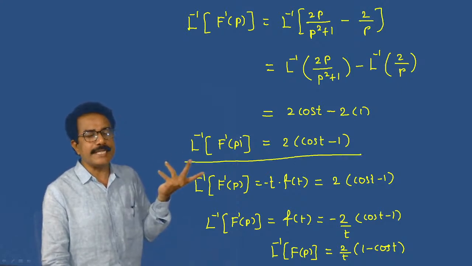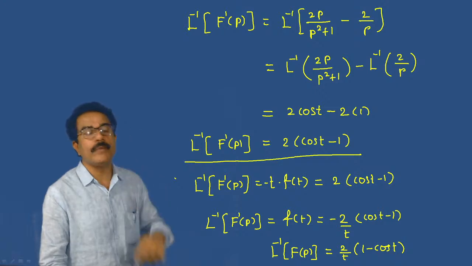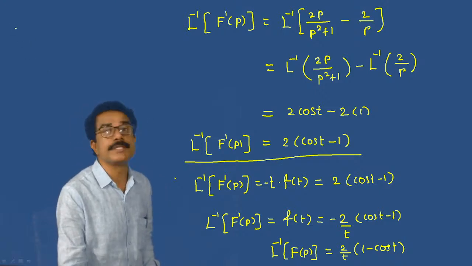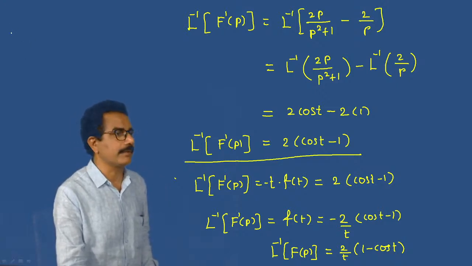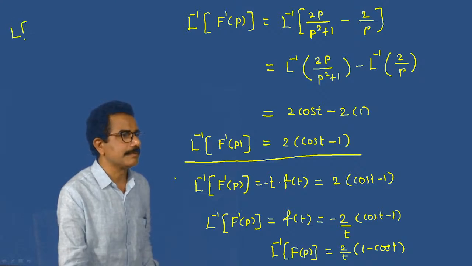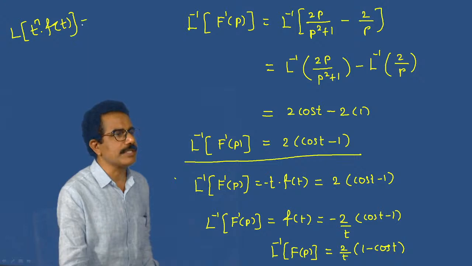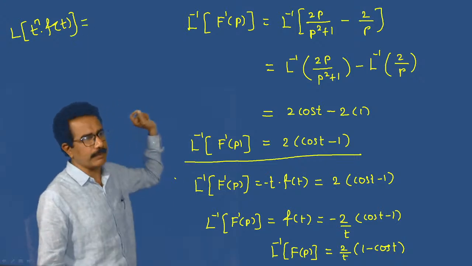Now how can we write this here? Actually we have one formula. What is that formula? See this. L of t raised to n into f of t. Who can tell me what is the formula for this? Actually it is a basic formula.